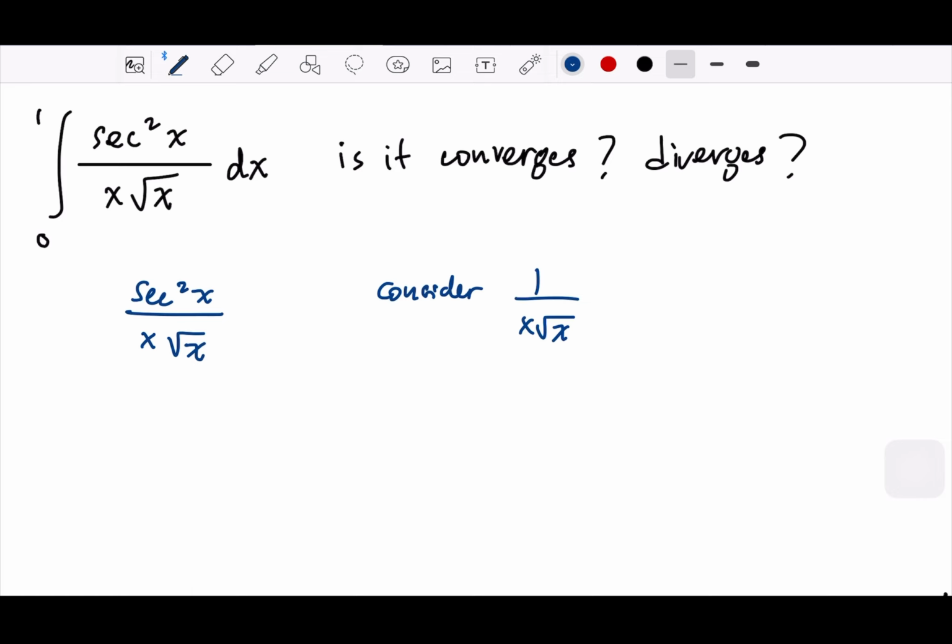and then we can also write this as 1 over x with 3 over 2 as power, right? And then we could write the comparison between this secant squared x over x square root of x and 1 over x square root of x. And for sure, we could say that this is true.